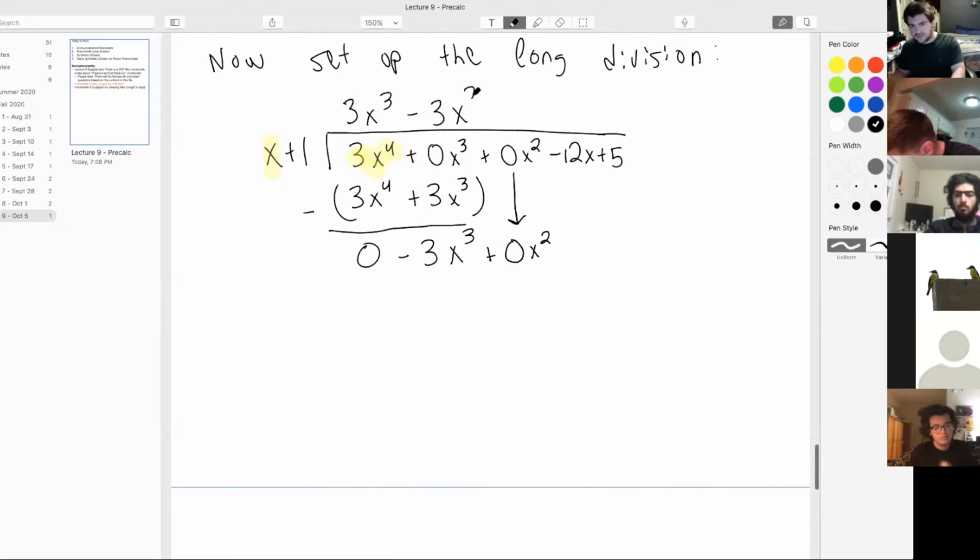Okay, so that's what you put up here. And you multiply each term of x plus 1 by negative 3x squared. So x multiplied by negative 3x squared is negative 3x cubed, and 1 multiplied by negative 3x squared is negative 3x squared. Okay, so put a minus sign and put that in parentheses.